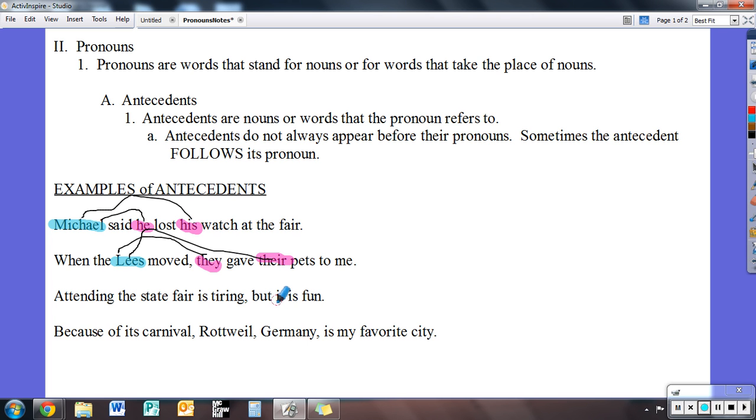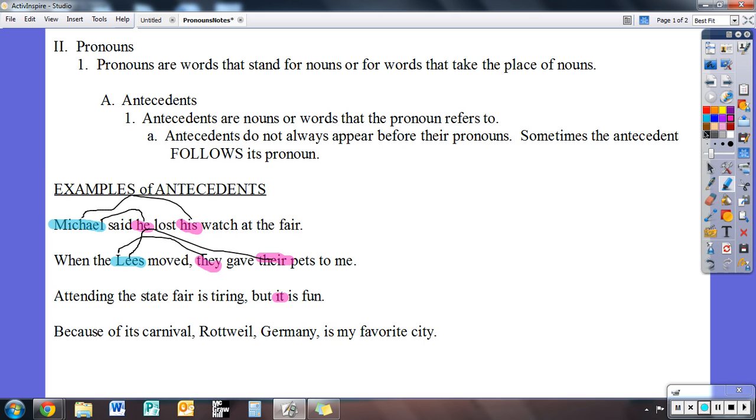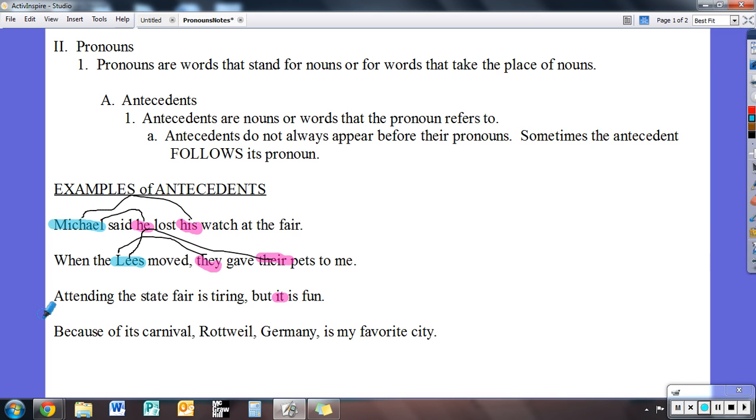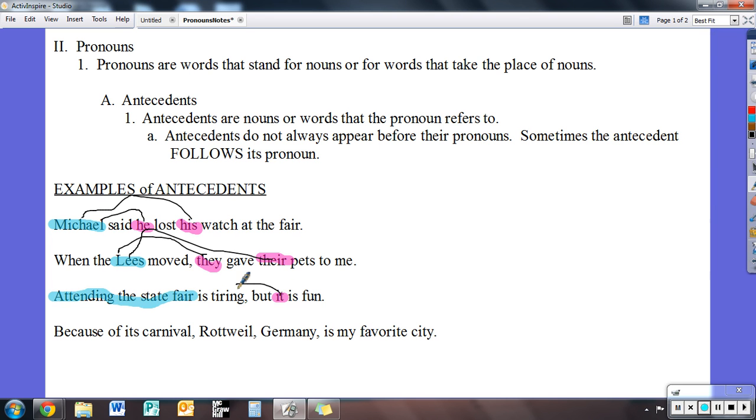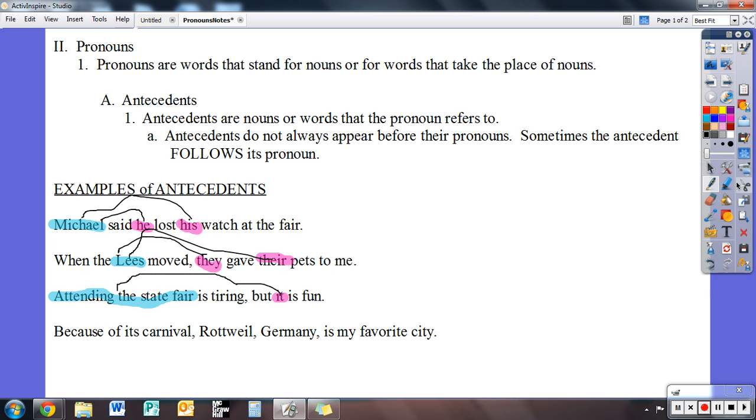Let's find our pronoun first. You always have to find the pronoun first. It, and then what is it referring to? The whole phrase, attending the state fair. And then we're going to put an arrow back to it to show we know it's referring back to attending the state fair.